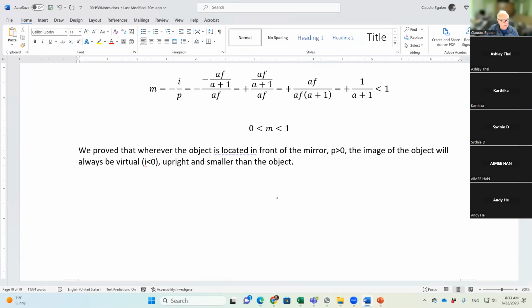Okay. So one more important thing: for mirrors, virtual images are always located behind the mirror. I'm pointing that out because the opposite is true for lenses.